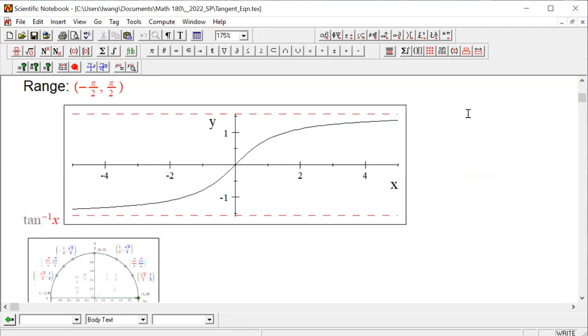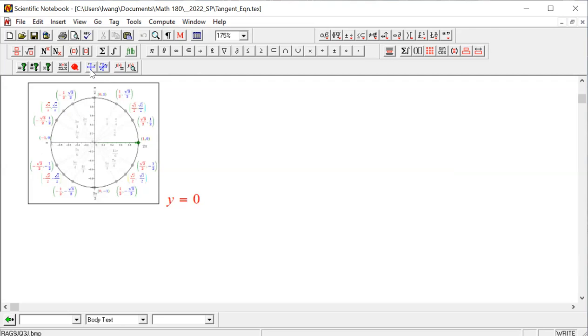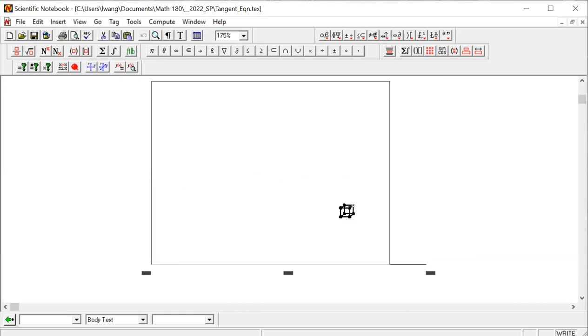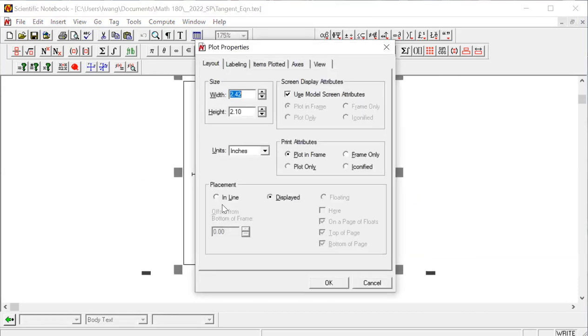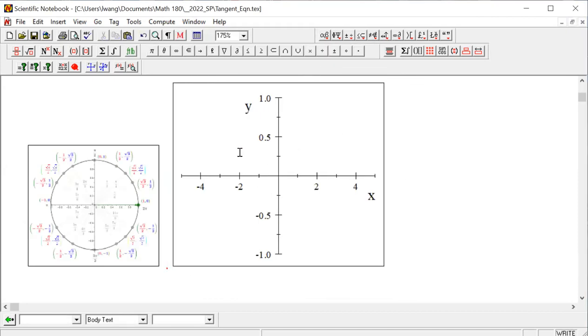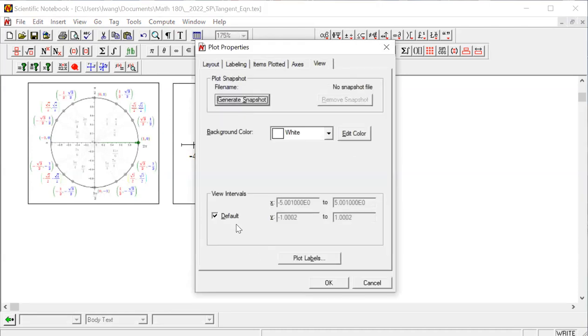For arctangent, quadrant 2 and quadrant 3 are out.